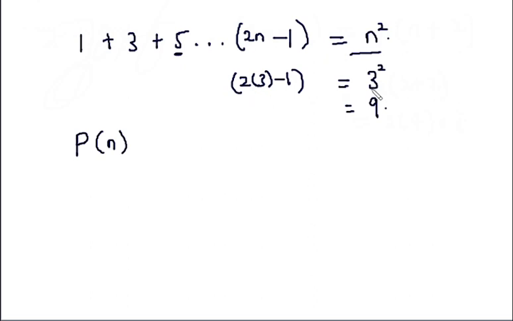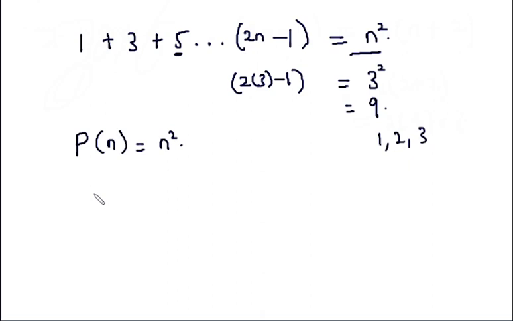Natural numbers are numbers that start from 1, 2, 3, so they are positive whole numbers. So we could say P of n, which is the statement we are looking at, is equal to n squared. So is this statement true? That's what the principle of mathematical induction is trying to check.